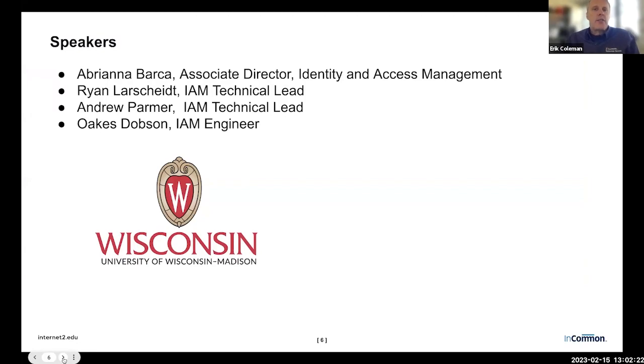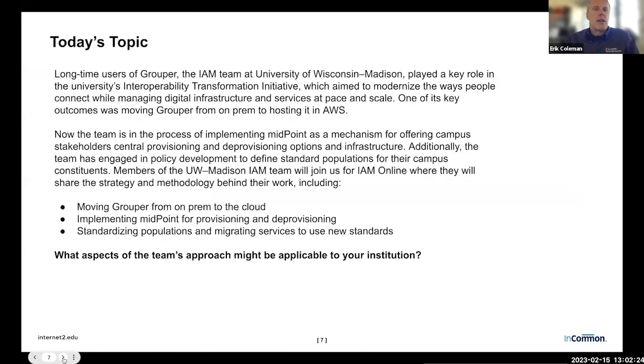Today they plan to share their strategy and methodologies for 3 of their recent efforts: migrating Grouper from on-premise to the cloud using AWS, which was an outcome of their interoperability transformation initiative; implementing midPoint as a mechanism for central provisioning and deprovisioning for their campus stakeholders; as well as their policy work for defining standard populations for campus constituents and migrating services to use those.